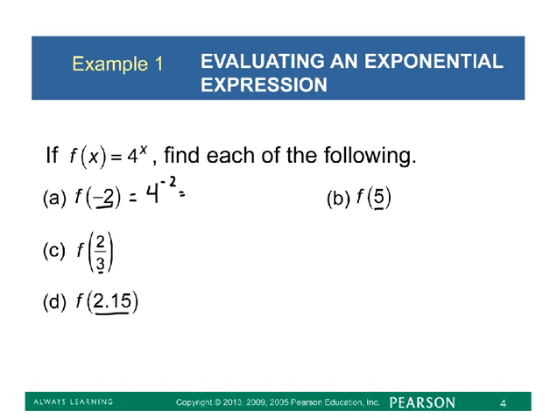Well, by hand, we can use our exponential properties, and this is the same thing as saying 1 over 4 squared. And 4 squared is 16, so 1 over 16 is our solution. And then for f of 5, so 4 to the 5th, that there is 1024.